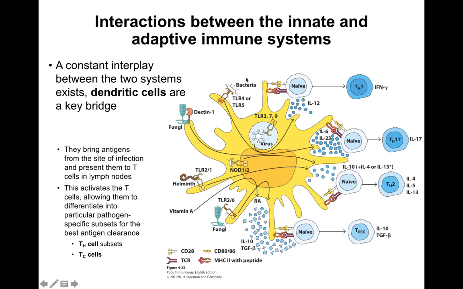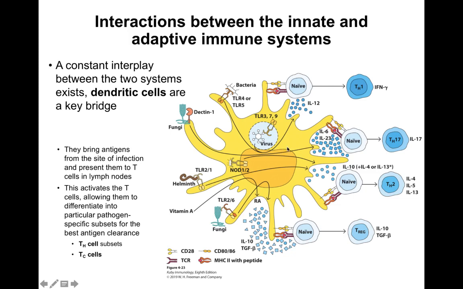For example, if this dendritic cell detects that there's bacteria there, it's going to make a cytokine such as IL-12, which is going to promote the T cell to become a T helper 1 cell, which is going to make interferon gamma. So it's going to shape the T cell response depending on which pathogens this dendritic cell has come in contact with.